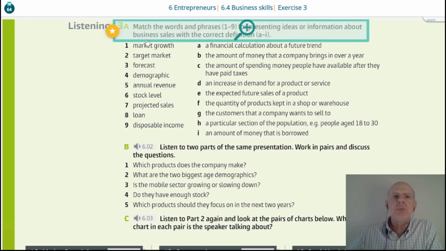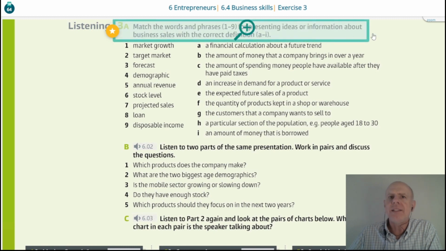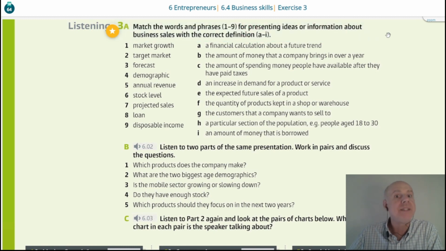Well, number 3 is to match the words and phrases 1 to 9 for presenting ideas or information about business sales with the correct definition. Let's read the words and phrases. 1 is market growth. 2 is target market. Forecast. Demographic.